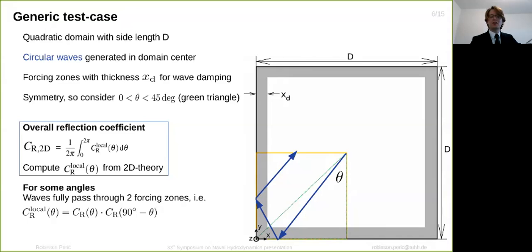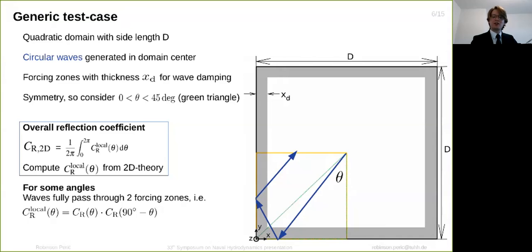And in this case, the reflection coefficient actually is the multiplication of both reflection coefficients for each forcing zone. And this is always smaller than CR theta alone.